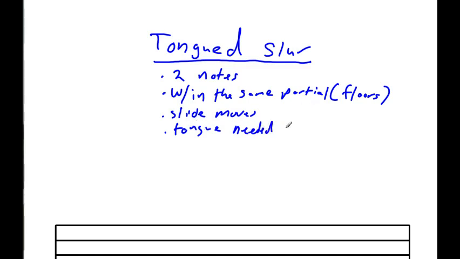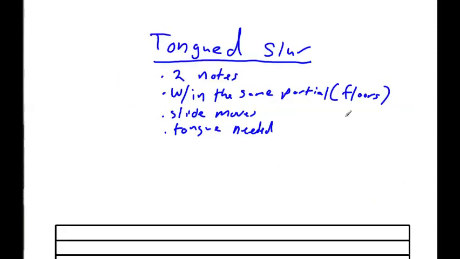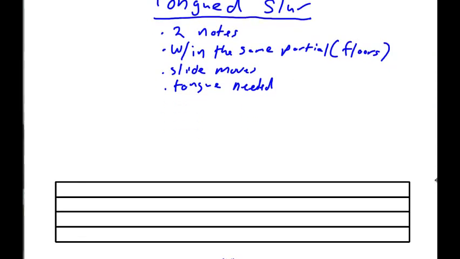So, if we think about those floors again, and I'll look back here. If we have maybe something on the second floor here, the second floor is F all the way down to B natural. So let me give you an example of what a tongue slur might look like.